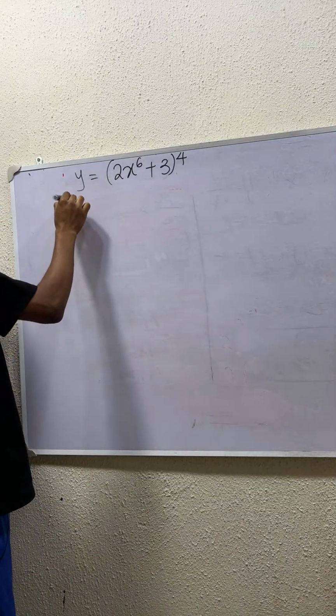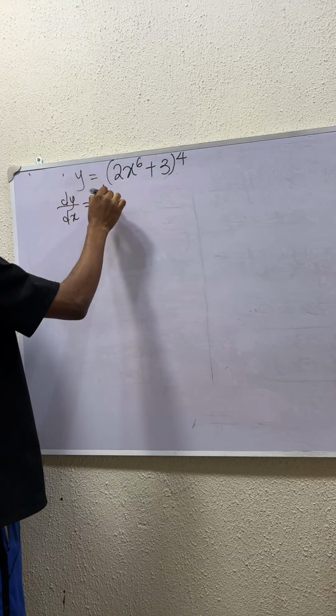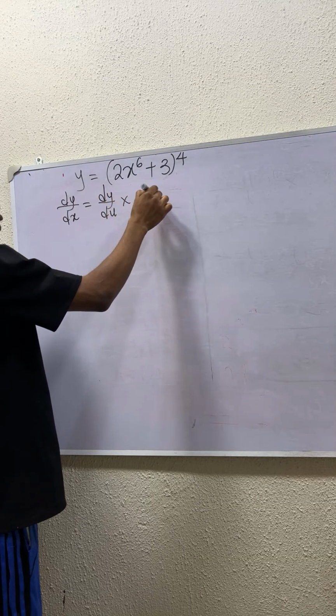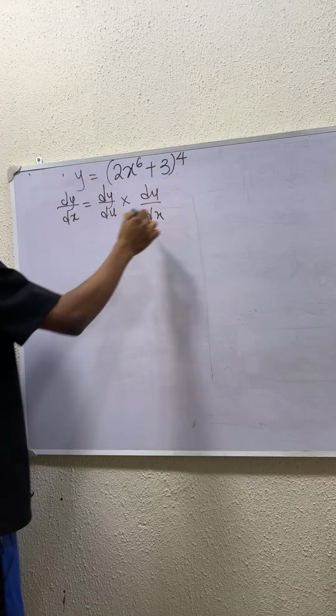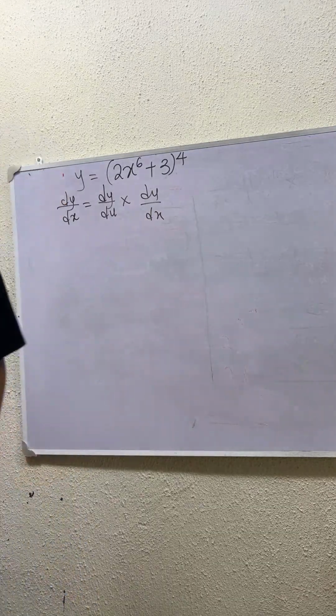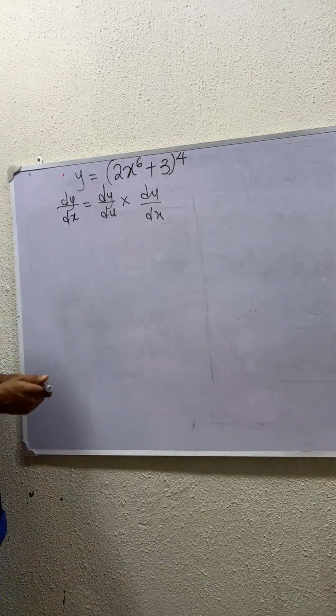The chain rule says that dy/dx is equal to dy/du times du/dx. So here we are going to label each function to its exact value.